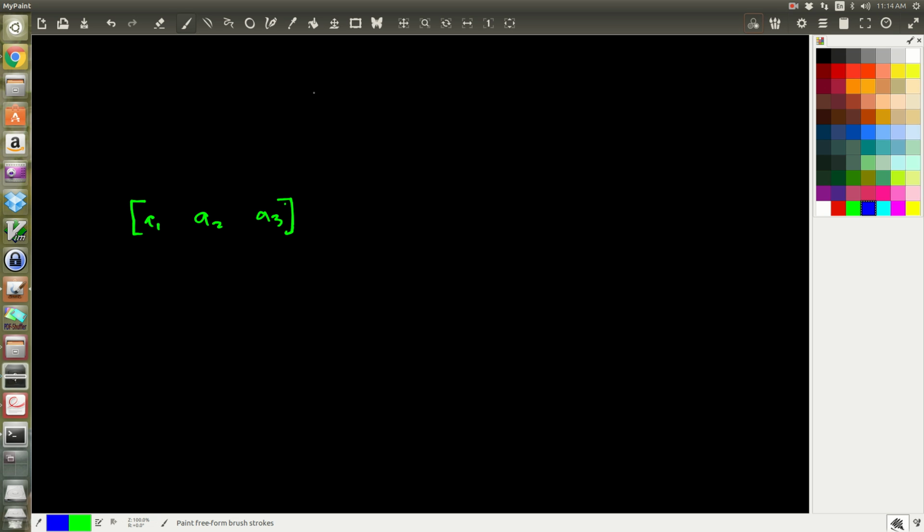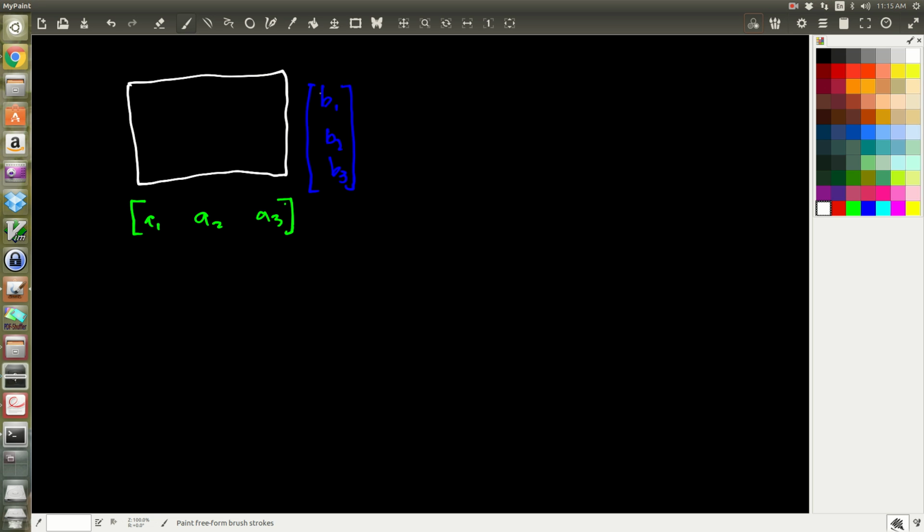And then we could have a column vector B, which has B1, B2, B3. And now we see they form a square up here, a 3 by 3 square. It looks like a rectangle, that's just because I drew this shorter than this one by accident.